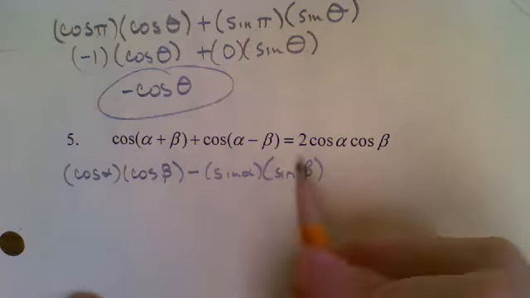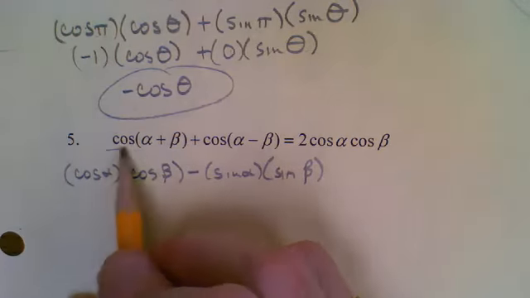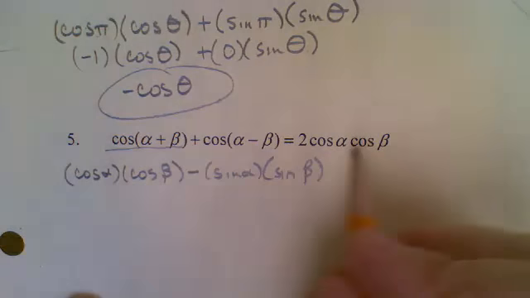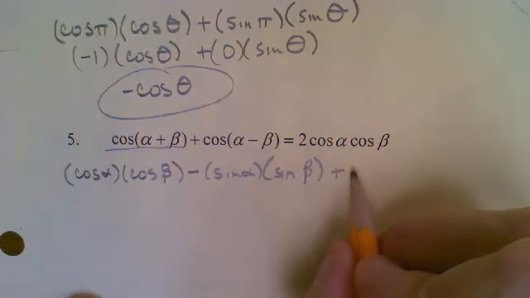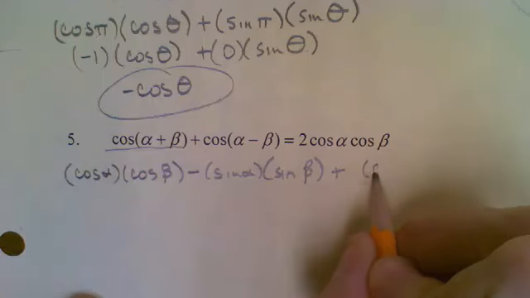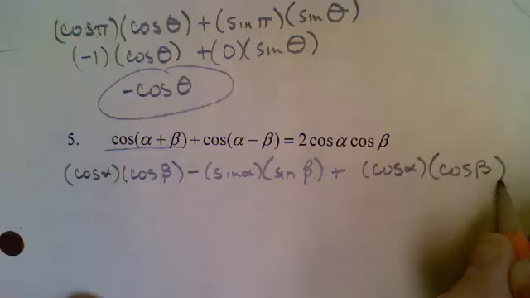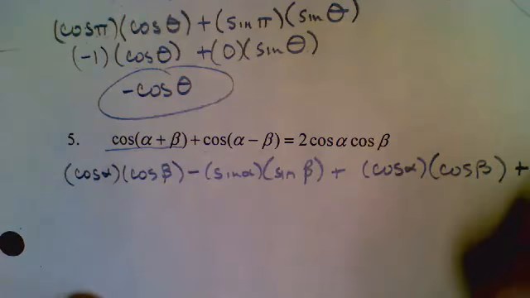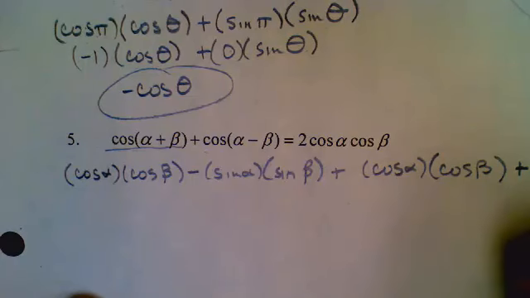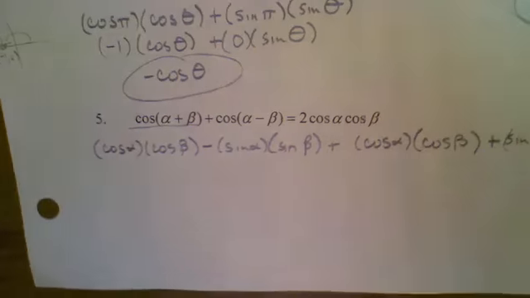Plus the formula for the difference: you're going to take the cosine of the first times the cosine of the second plus the sine of the first, sine of the second.